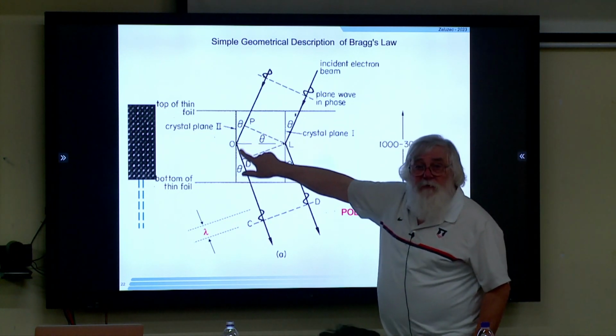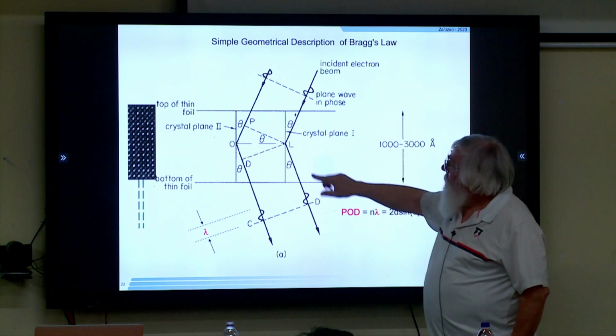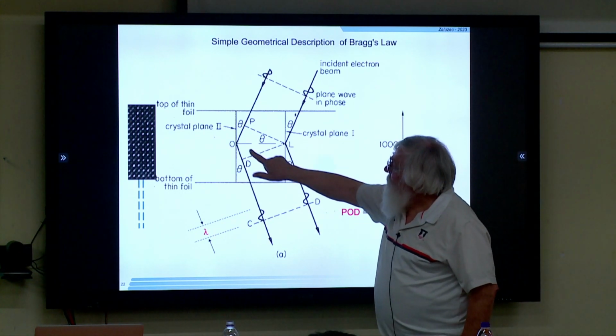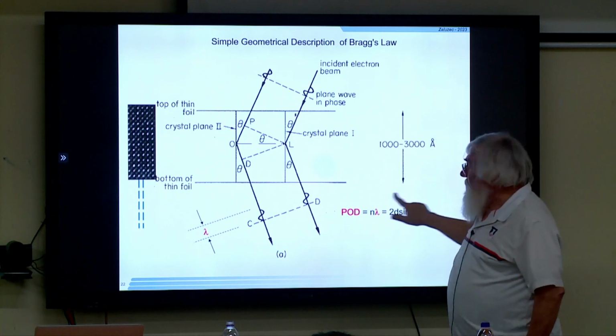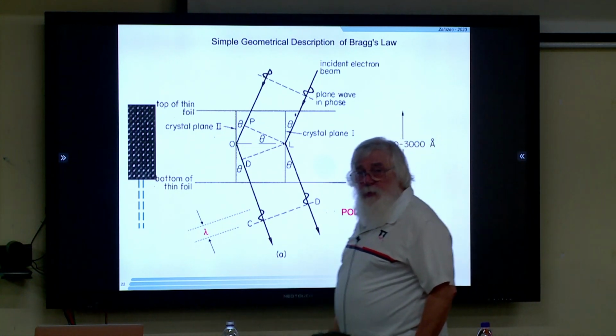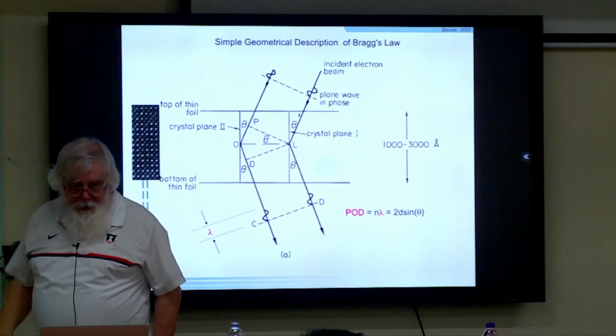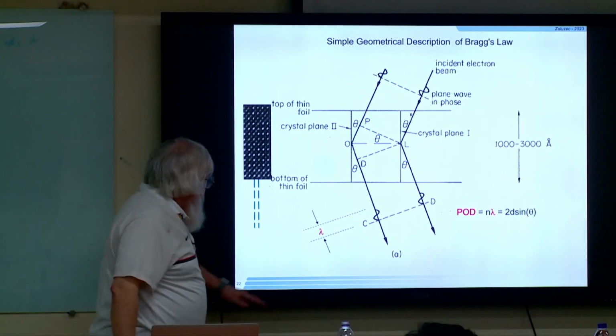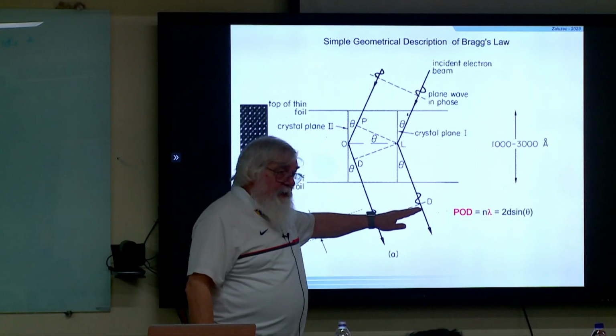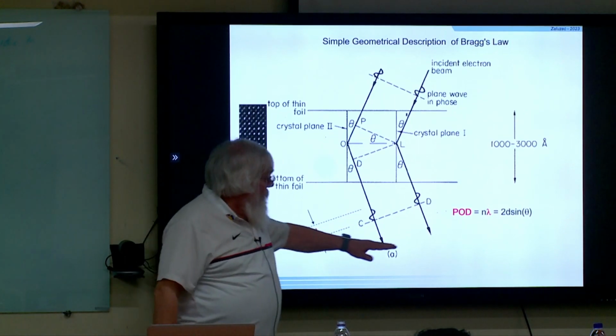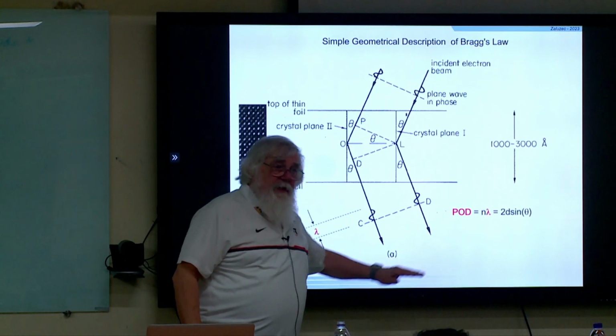You can just work it out from simple geometry, okay? You know the wavelength, you know the angles, you know the d spacing. That's the equation you get. That's the famous Bragg's law for diffraction, okay? And we get constructive and destructive interference, and we get what's called a diffraction pattern at this point.